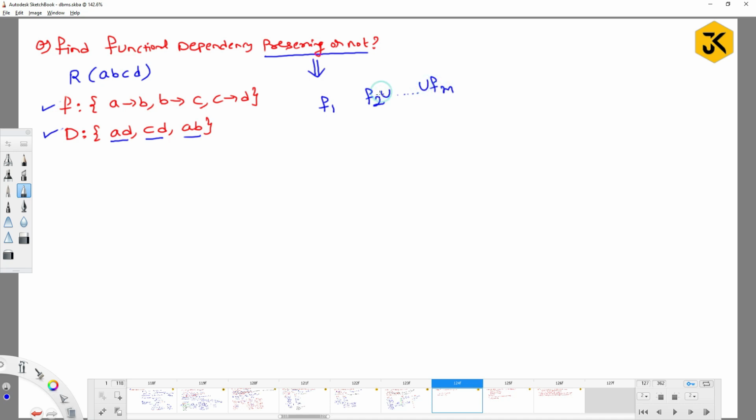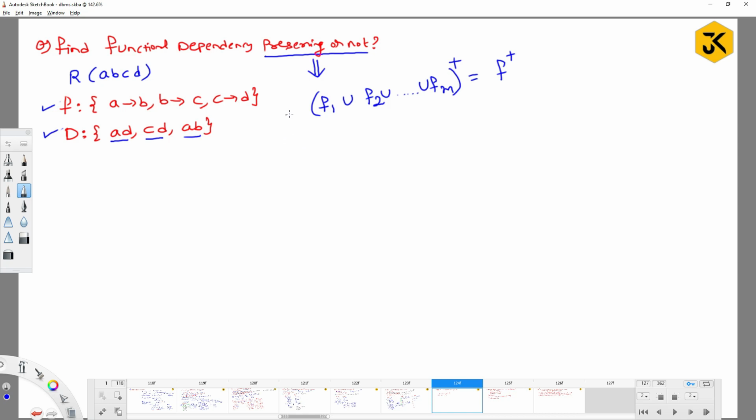Finally, you combine them all and find the closure. If it is equal to the set of functional dependencies given in the FD set F, then I can say FD preserving is done on the decomposition. Otherwise, I can say that FD is not preserving.